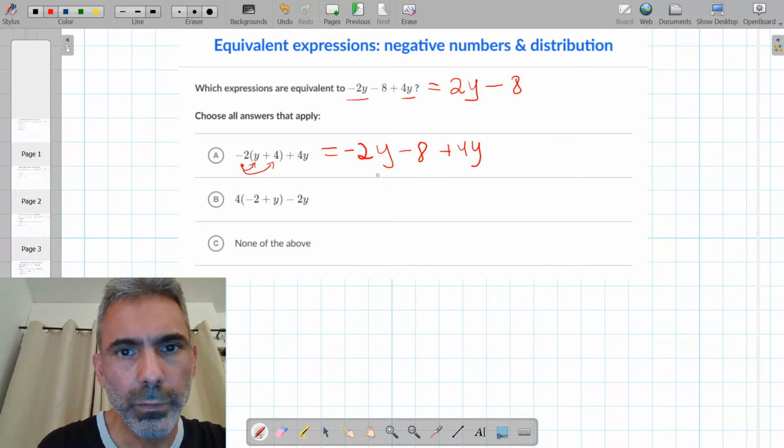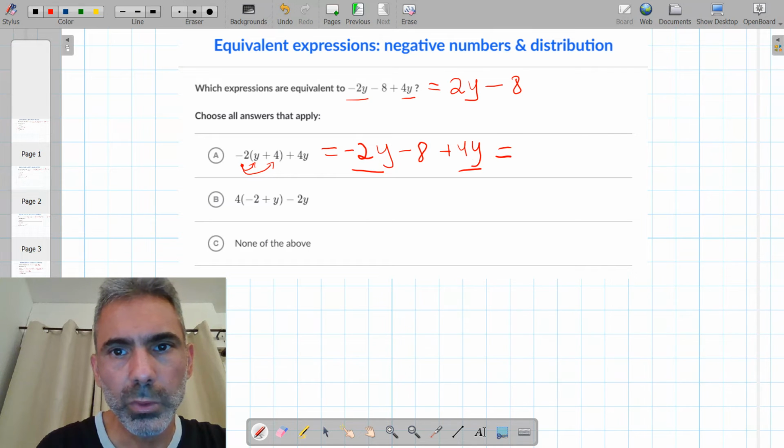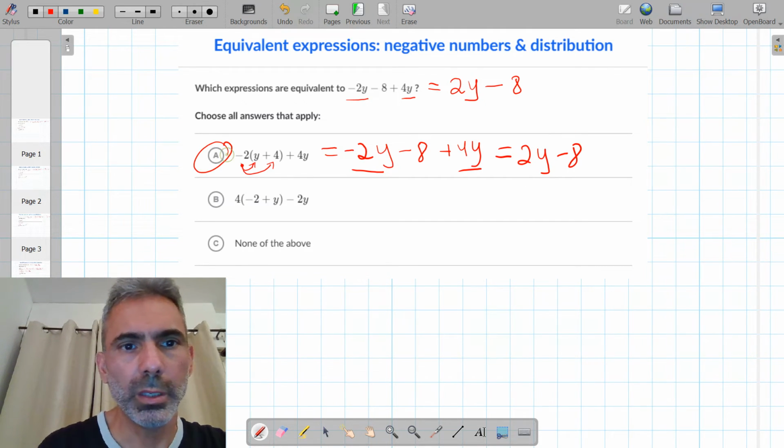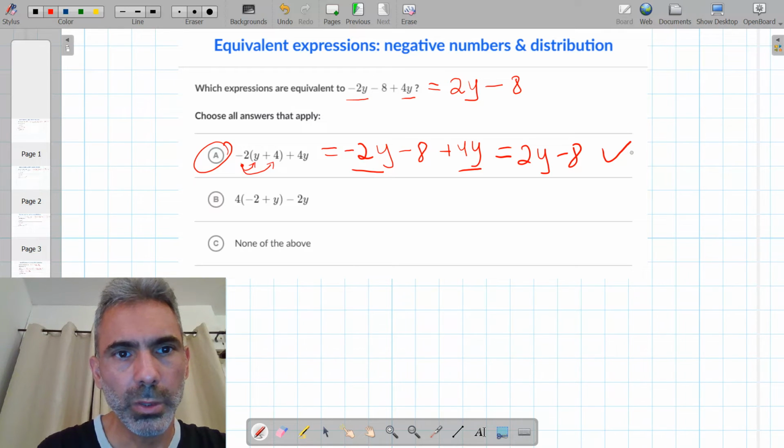Then we add 4y and we combine these two terms, minus 2y plus 4y. You see that this and this are equivalent. So minus 2y plus 4y is positive 2y minus 8. So A is correct. Let's make sure that we didn't make any mistake.